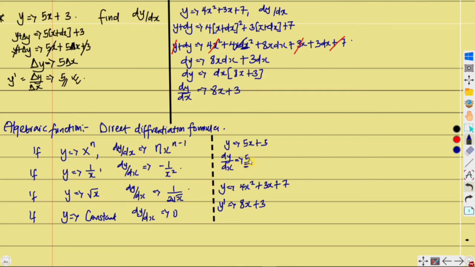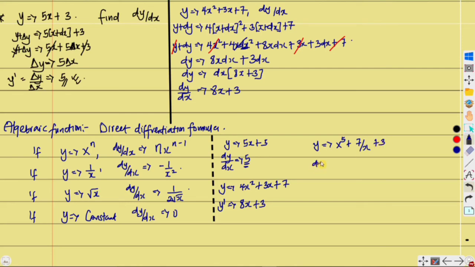You can have other questions that are directly related. For example, maybe we should do one or two more. y equals x to the power of 5 plus 7 over x, plus 3. We can also do this directly.